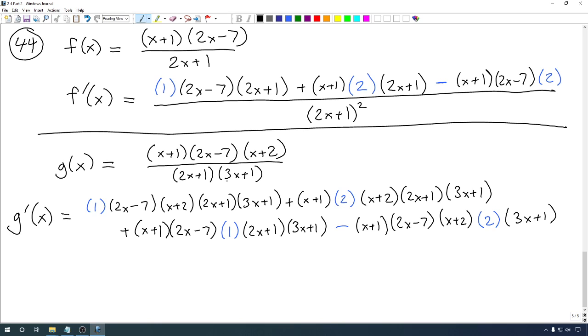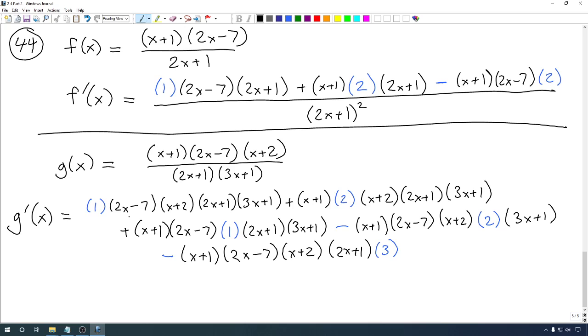And finally, I have the 3x plus 1. Again, since it's coming from the bottom, I will need to introduce a minus sign. But I leave all the other factors alone. And the derivative of 3x plus 1, when I differentiate it, of course, becomes a 3, because the 1 goes away, and the x becomes a 1.